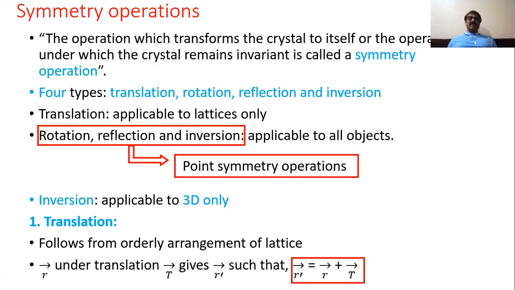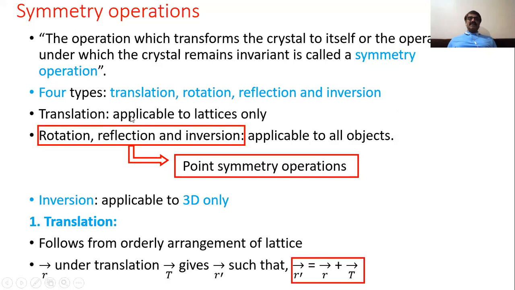Such symmetry operations are of four types in the case of crystal structures and lattices: translation, rotation, reflection, and inversion. Out of these, translation is applicable to lattices only.